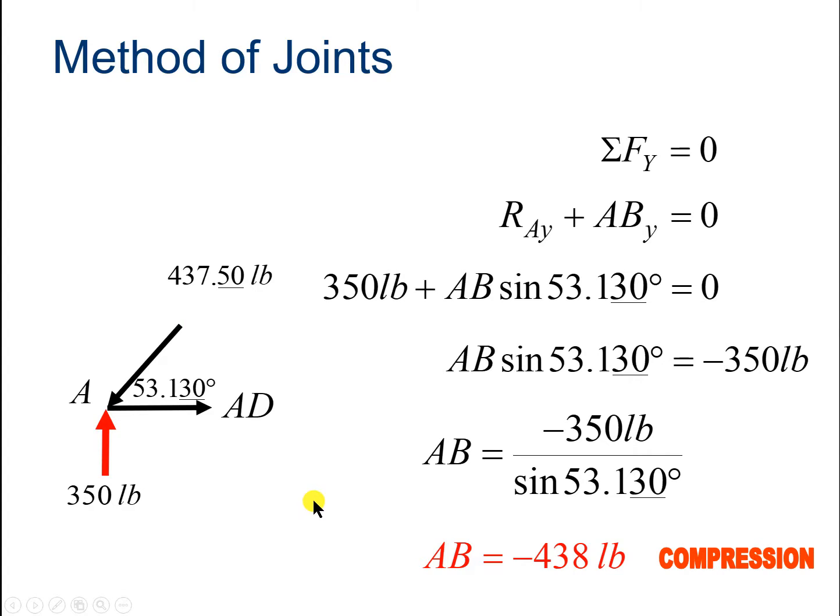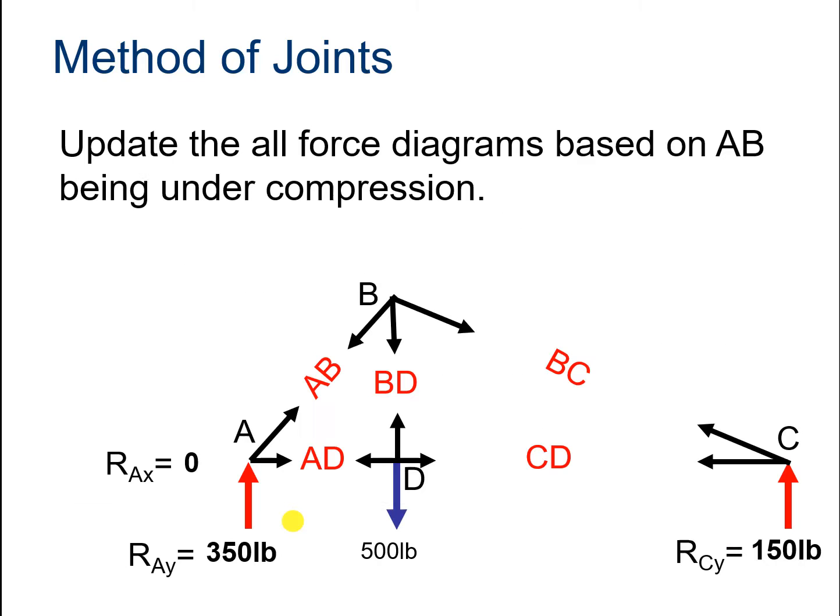So we change the direction of the arrow, and we have 437.5, 438 pounds. So we update all the force diagrams based on AB being under compression. So we just changed it. Recall that a vector we can move around in the plane as long as we don't change its direction or length.